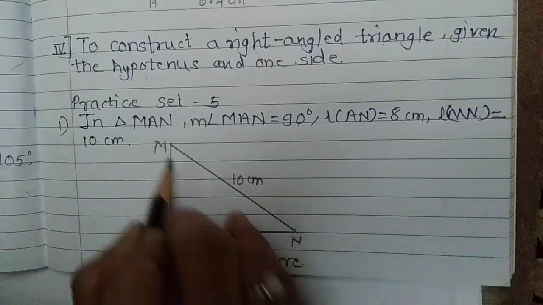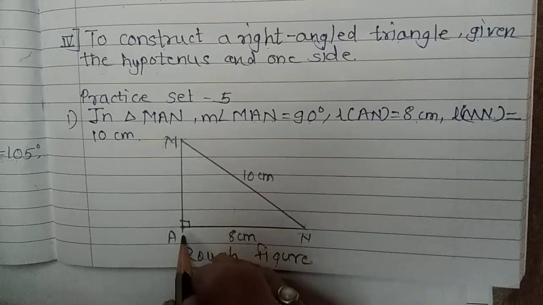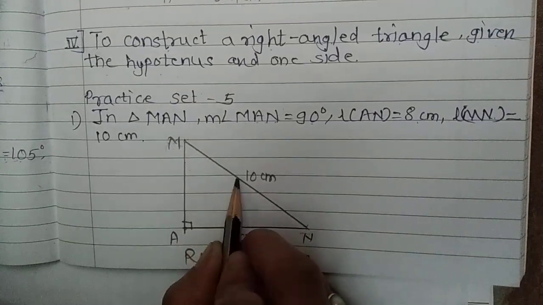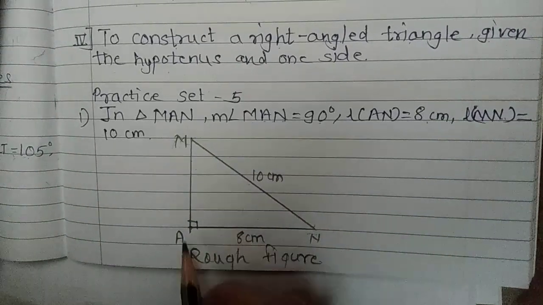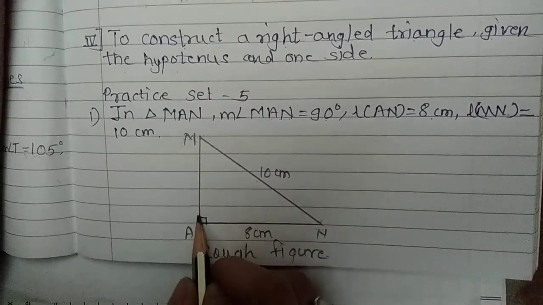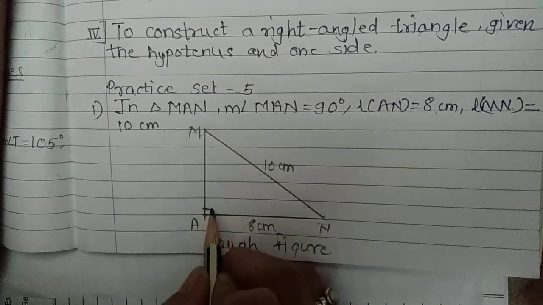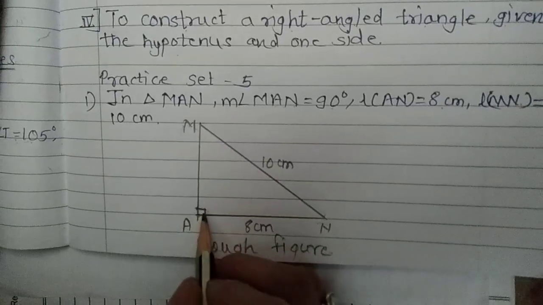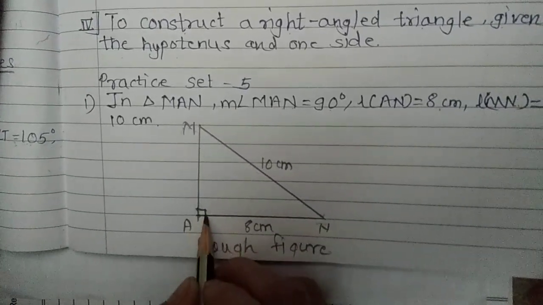So MN is the hypotenuse in this triangle. What is meant by hypotenuse? The side opposite to the right angle is called the hypotenuse. Remember, we always show 90 degree in this way. Compulsorily draw this icon for a right angle triangle.